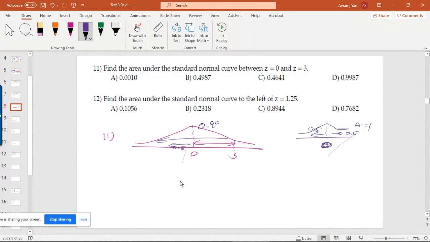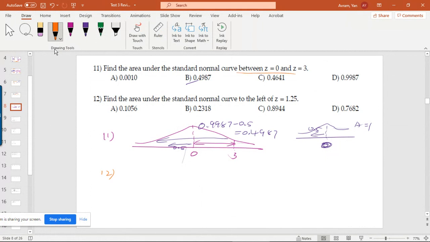So we have 0.9987 minus 0.5. That should be 0.4987. That is how you calculate number 11.